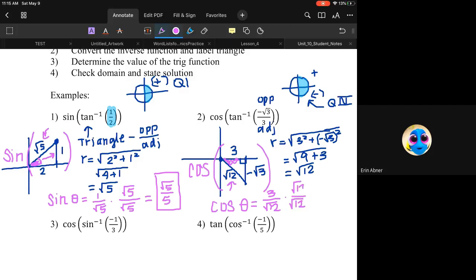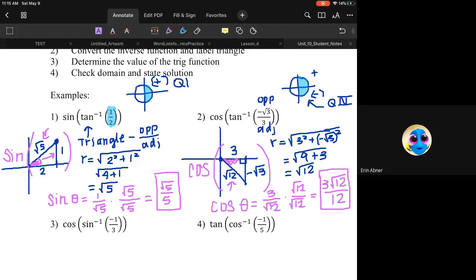So multiply both the top and the bottom by the square root of 12, which leaves me with 3 square root of 12 over 12. Done. Can the square root of 12 be simplified? Well, yeah, it can, but we'll leave it like this.